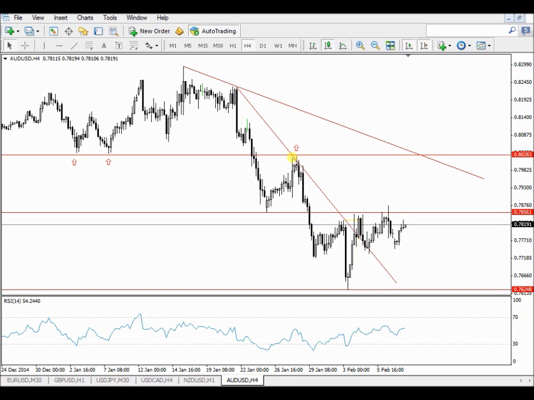Look at that resistance. A horizontal line, past support, future resistance. Look at this horizontal line. There's my support. Look how the market is making it a resistance. It's phenomenal. Past support becomes future resistance, and future resistance becomes future support.